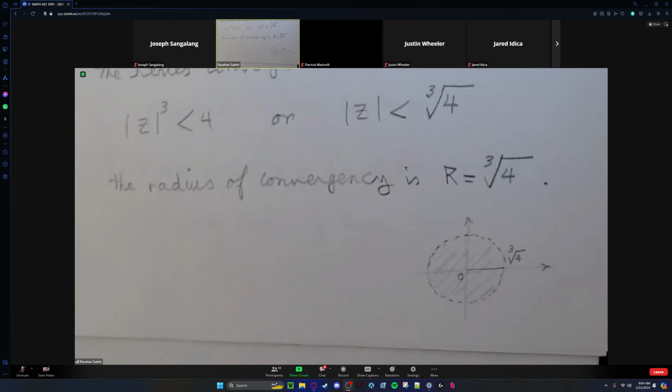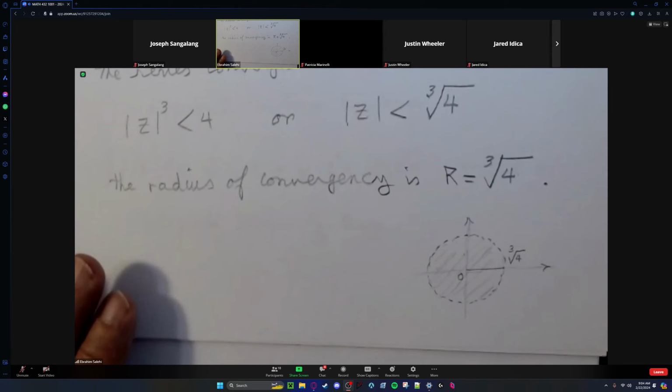Any comment, any question? So as you see, the main tool to find the radius of convergence would be the generalized ratio test, all right? Okay.